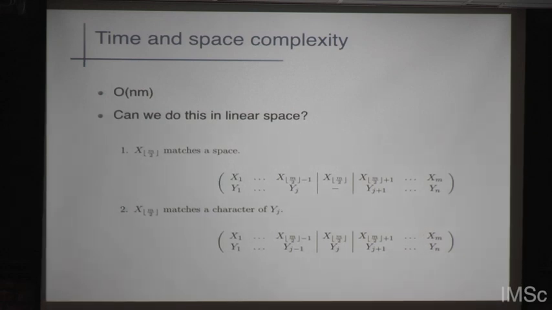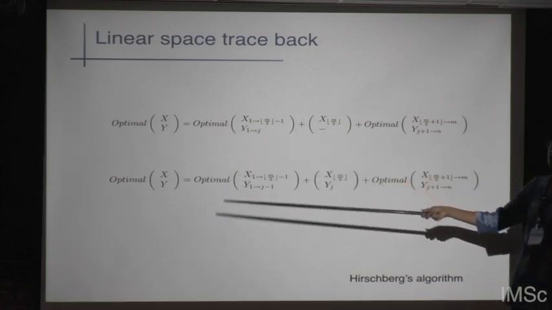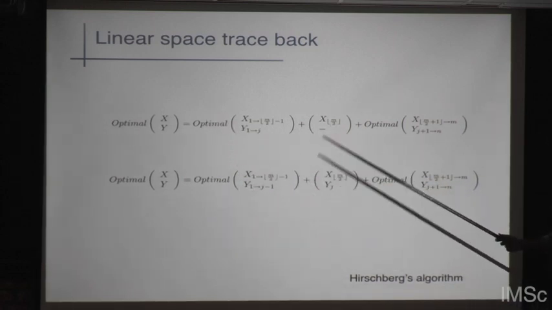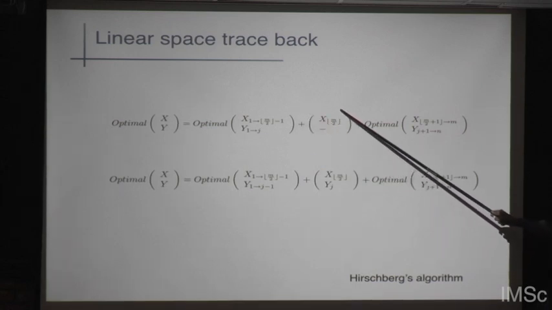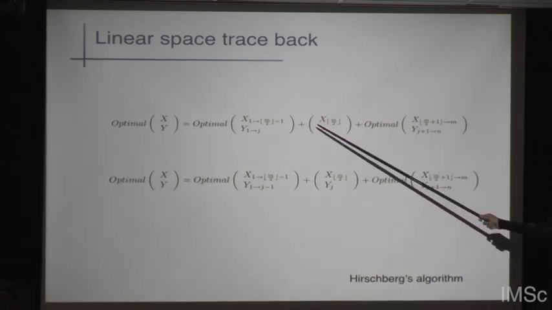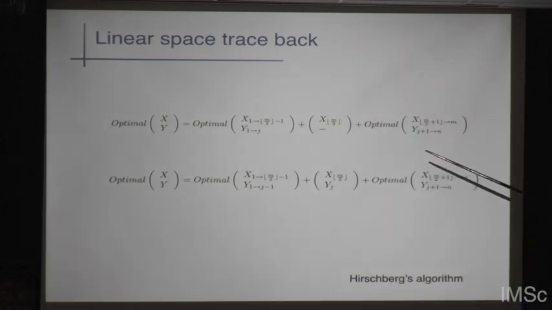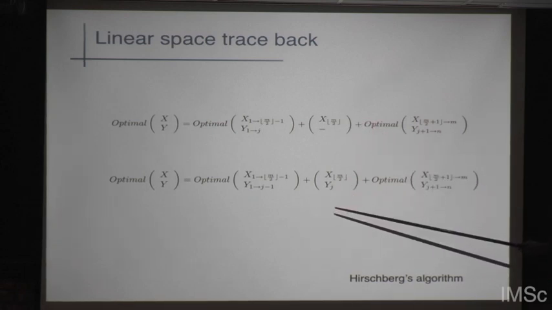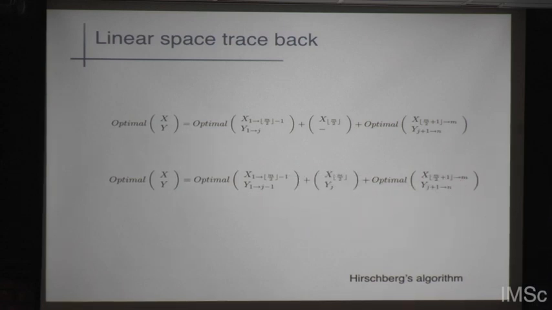So if we write optimal for x and y as the optimal answer, then the same dynamic programming approach says that if it matches with a space, then you have to solve the left hand side and you have to solve the right hand side, or alternatively it matches with some character yj, in which case you solve the left hand side and you solve the right hand side.